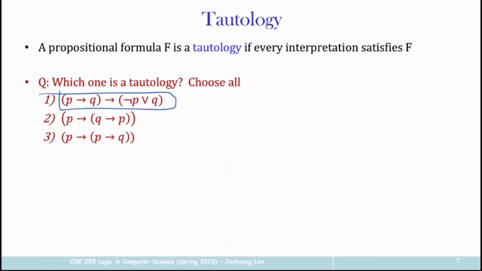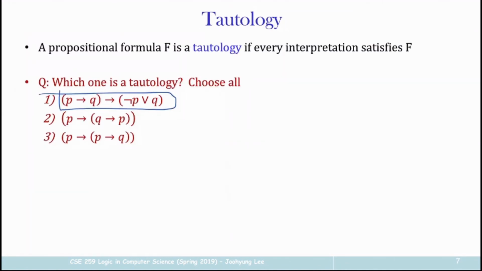Now for the third one, this is not a tautology. So what is an interpretation that makes this formula false? If it is not a tautology, by definition, that means there is an interpretation that makes this formula false. So what is that interpretation? P is true, Q is false. Yes. So true implies false will give you false.